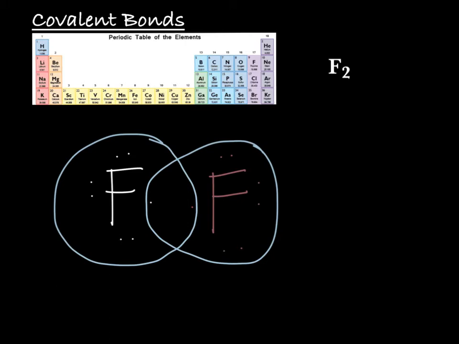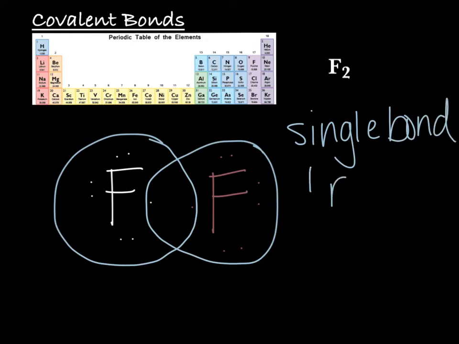So that fluorine atom is also happy. And you can see here they are sharing one pair of electrons. So during these covalent bonds, when you share one pair of electrons, that is called a single bond. So that is one pair or 2 electrons that are being shared.